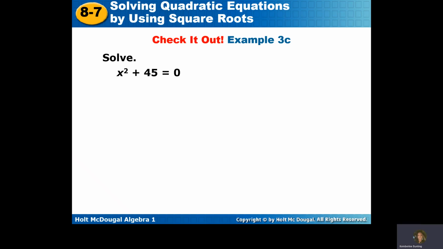All right, so we have x squared plus 45 equals 0. First step, subtract 45 from both sides. Oh, Jordan, I'm sorry, I didn't give you a calculator.